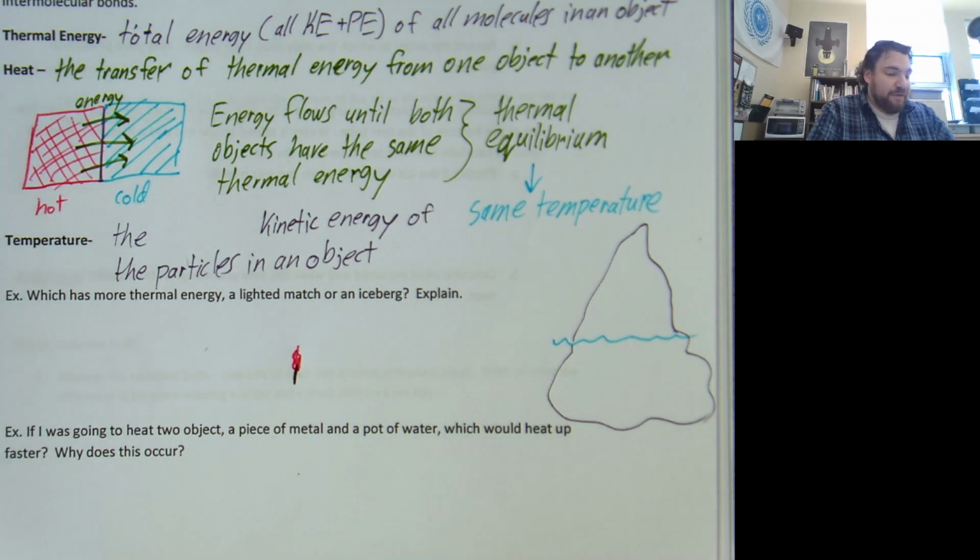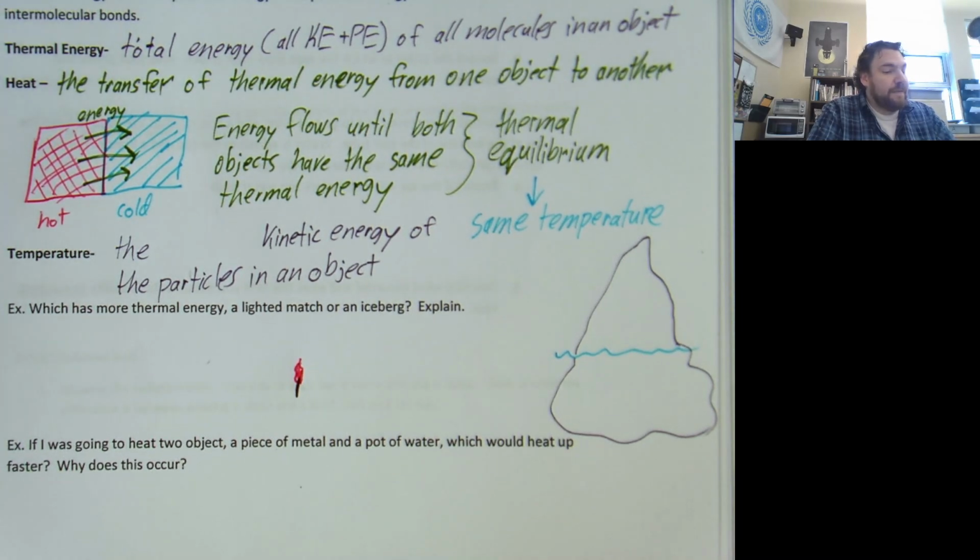Looking at our definition for thermal energy, thermal energy is the total KE of all the molecules in an object. So thermal energy is going to be dictated by how many molecules you have in the object. Which one has more molecules? The iceberg, by an order of billions, probably. An iceberg is a massive object. You're going to have tons of particles here.